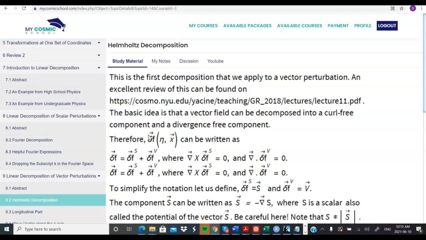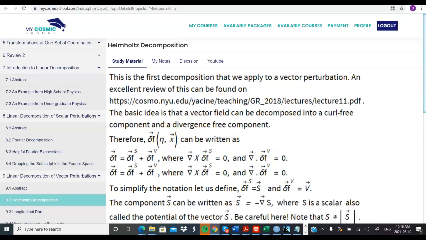This perturbation has 3 components, x, y, and z; it doesn't have the time component. So this delta f with the arrow on top is a 3-dimensional Euclidean vector. Although it depends upon x^alpha, it depends upon eta and upon the vector x, the vector itself is a 3-dimensional Euclidean vector.